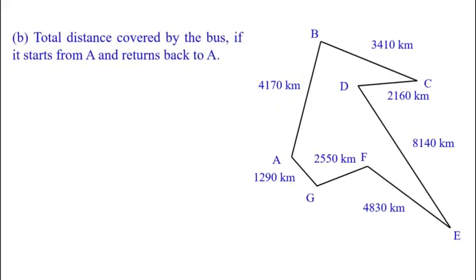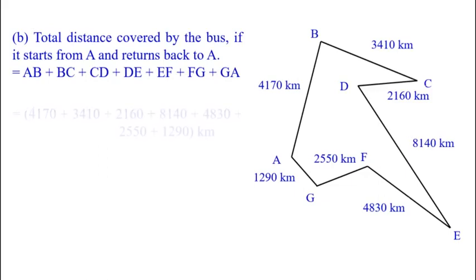Next question B, total distance covered by the bus if it starts from A and returns back to A. That means we have to add AB, BC, CD, DE, EF, FG and GA.